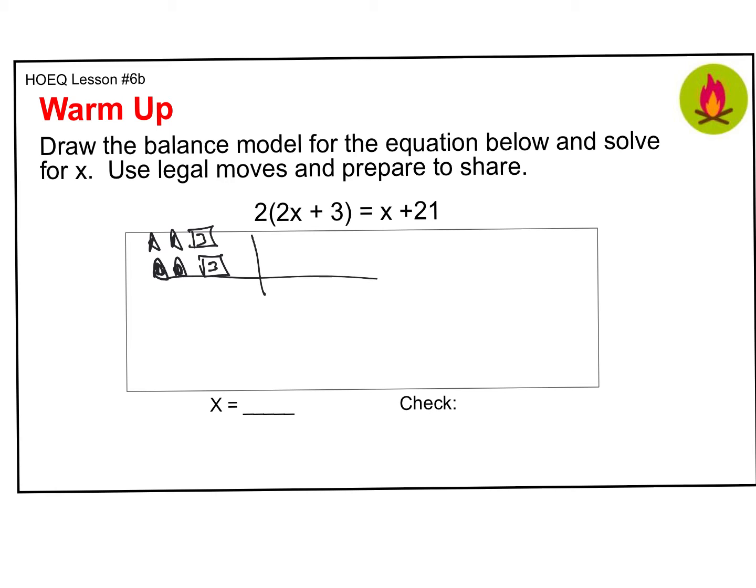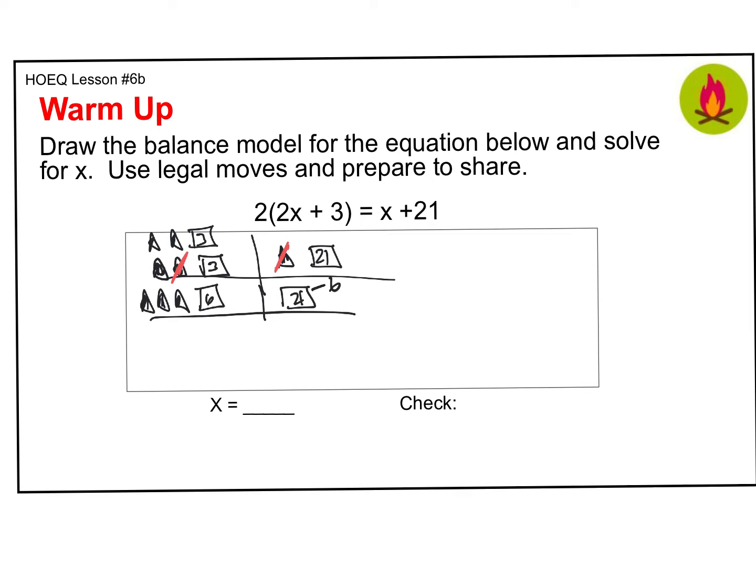Balanced with x plus 21. I'm going to go ahead, firstly remove one triangle from both sides. So now I have 3 triangles and 6 balanced with 21.